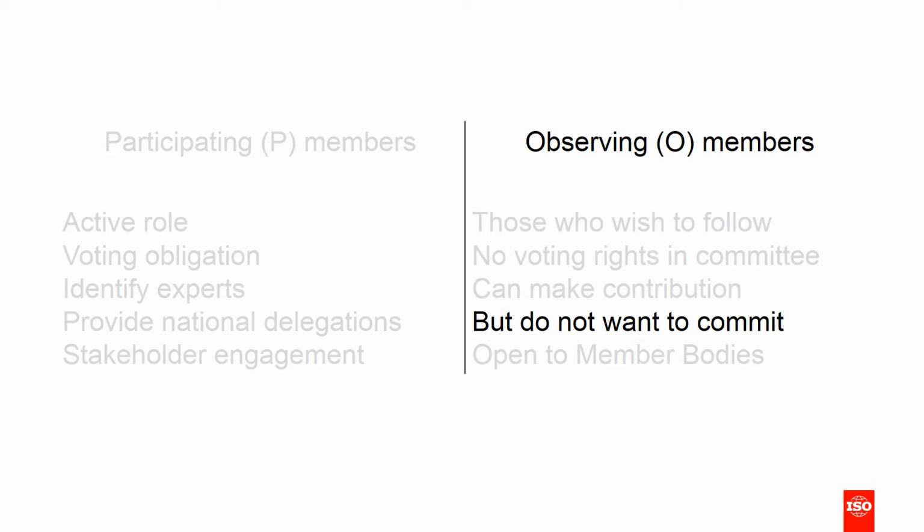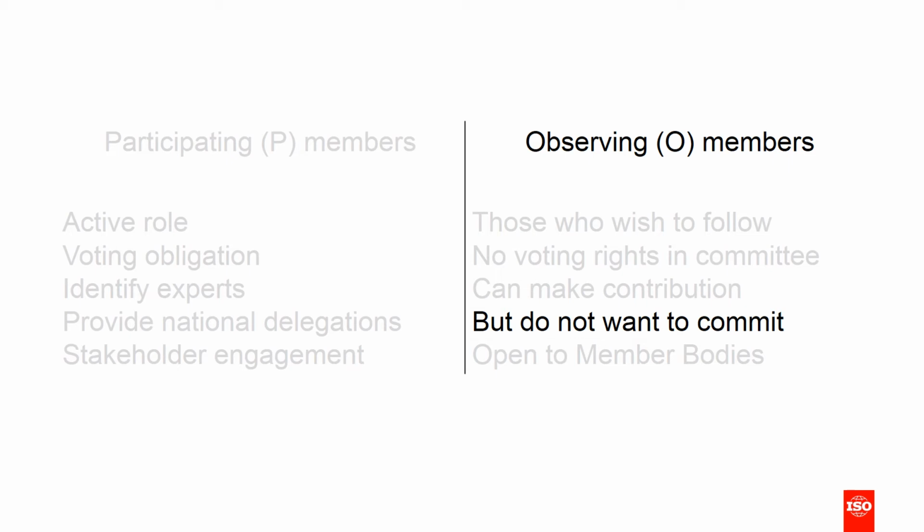So that could be one of the reasons why they want to first sign up as an O member, get to know the project, receive various working documents and information, and once they have the proper stakeholder base, then they can make that move and toggle from O member to P member.